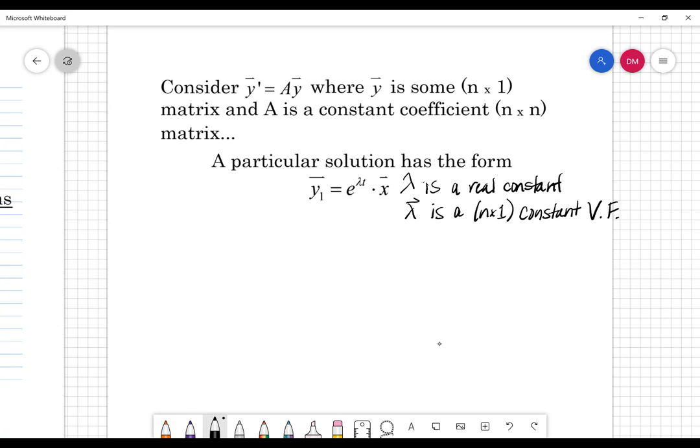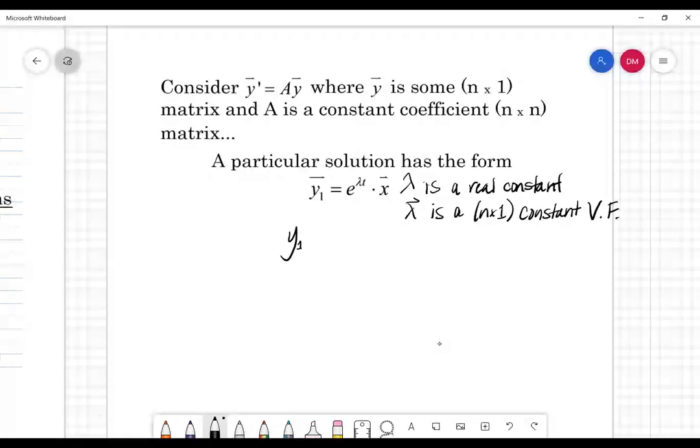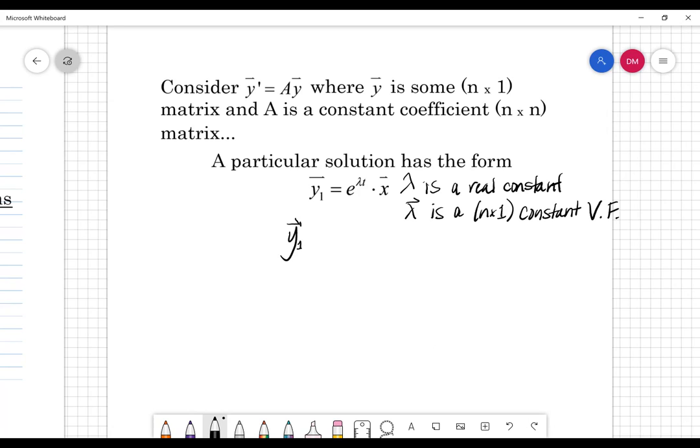If I find the derivative of y1 prime, then since lambda is a real constant, that derivative would look like lambda e to the lambda t, and then that's getting multiplied by my vector for x. We're deriving with respect to t here, so we don't have to worry about what the derivative of x looks like.